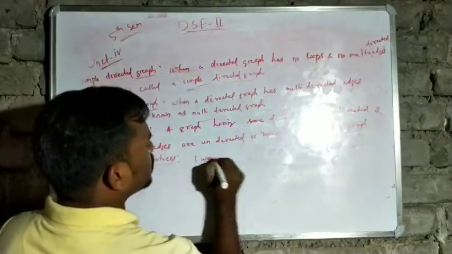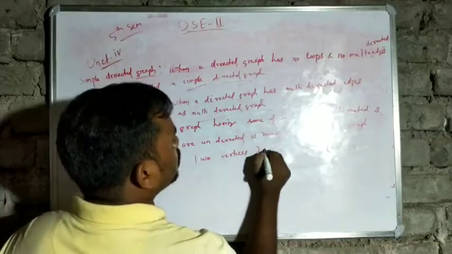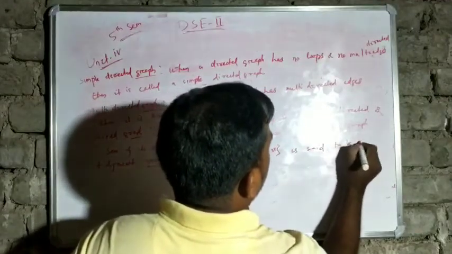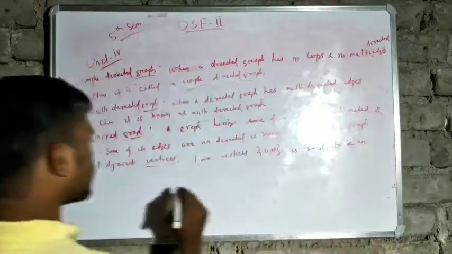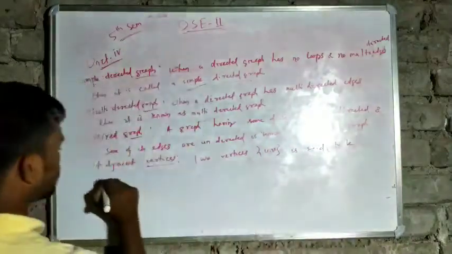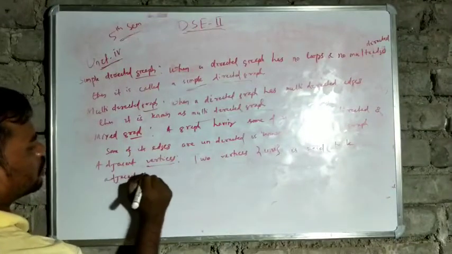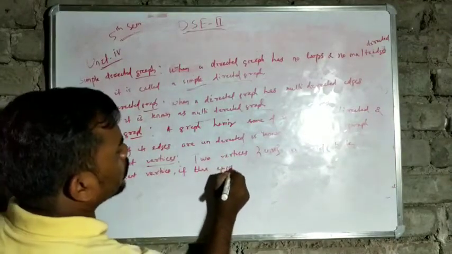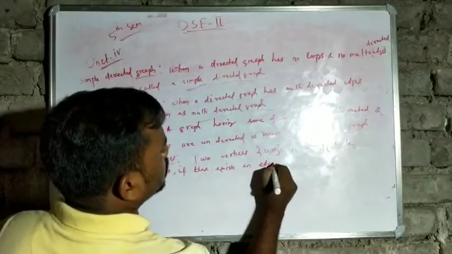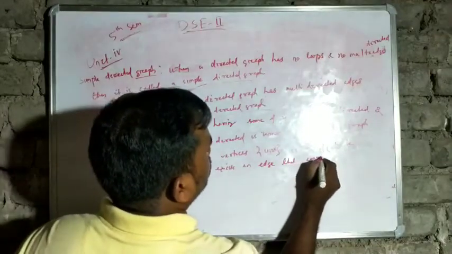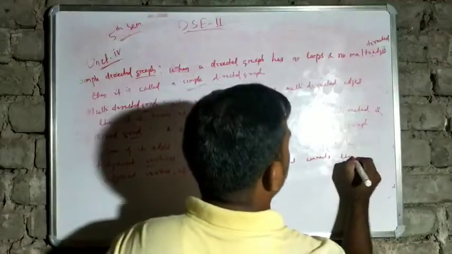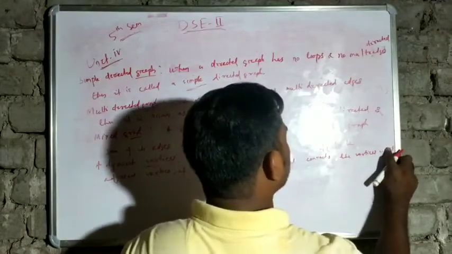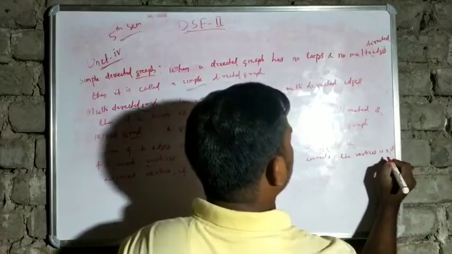Two vertices u comma v are said to be adjacent vertices if there exists an edge that connects the vertices u and v.